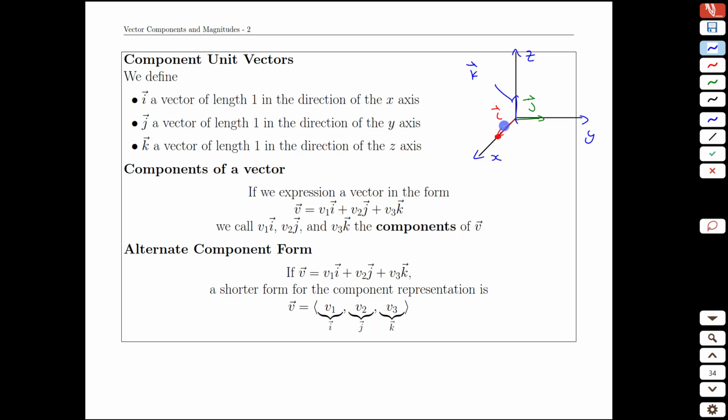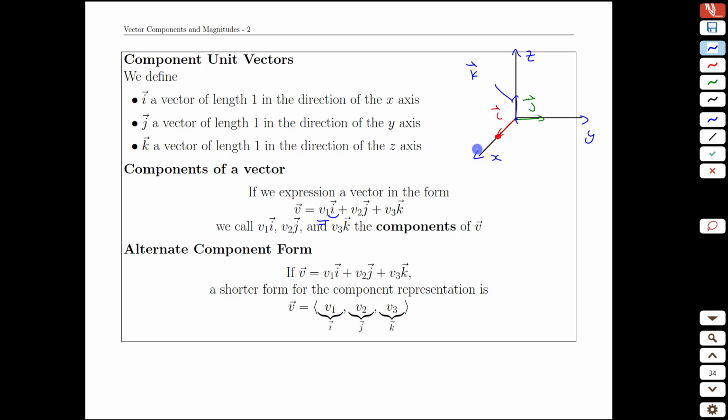and if we also go vertically with length 1, we give that the label k. By creating those three vectors, we've actually created the possibility of generating any vector we like, because if we imagine going out to some point in x, some point in y, some point in z, and connecting it back to the origin, then we can get from that start point to the end point by taking our i vector and multiplying it by some amount, basically taking that many copies of the i vector.